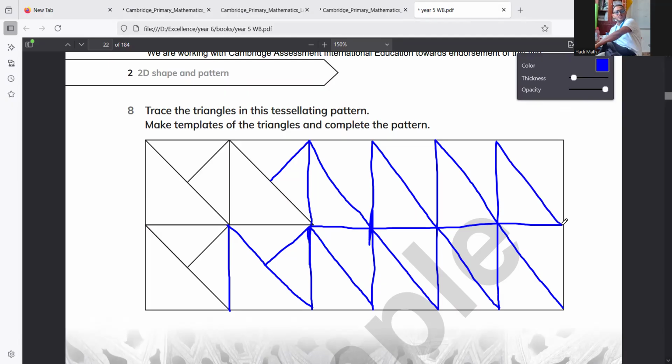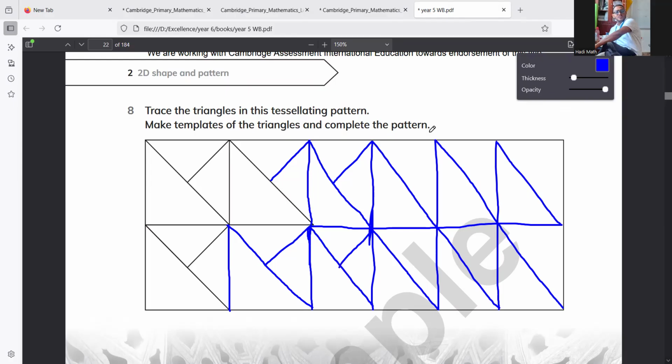Now, you see this one is full, this one is divided into two. This one you divide into two. This is a full one, this one is divided into two.